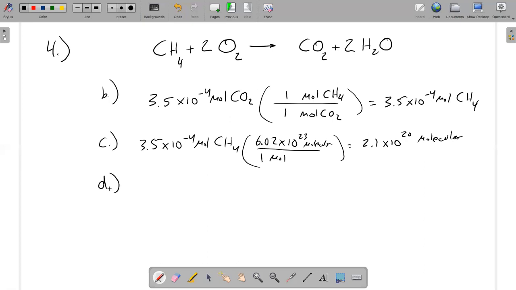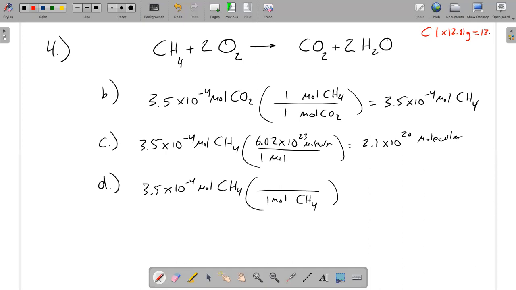So you can relate quantities in moles to number of molecules. You can also separately relate this quantity in moles to a mass in grams. If you have 3.5 times 10 to the negative fourth mole of methane, and you want to know what that mass is going to be, 1 mole of methane has a certain mass, and you can figure out that mass pretty easily. For methane, you've got 1 carbon, which is 12.01 grams.